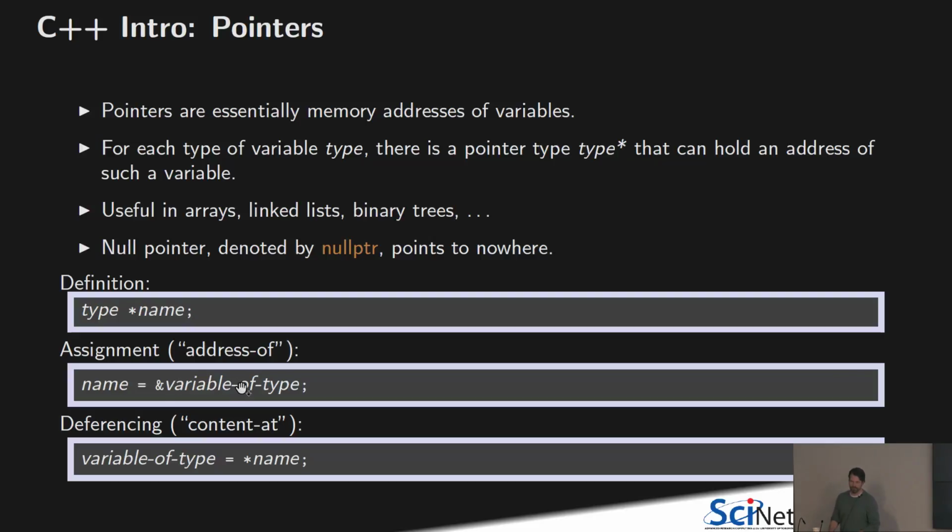So you can take a variable, say an integer, and put an ampersand in front. Now you have the pointer to that variable. And then if you want to get something from that address, so say name is now this pointer, then star name gets the content at that memory address. It's called dereferencing the pointer. That's just the name of it. But it gets the content that's at that point in memory.